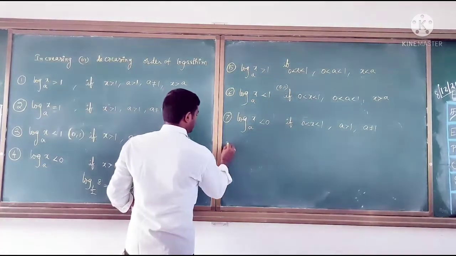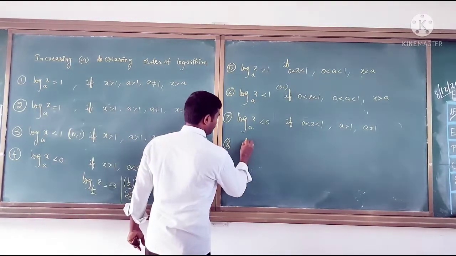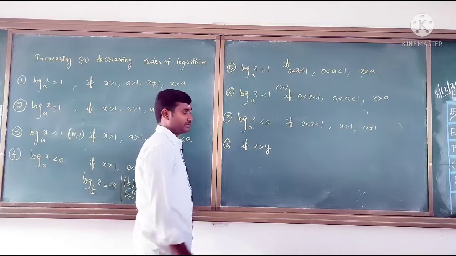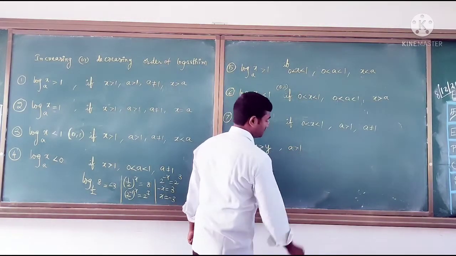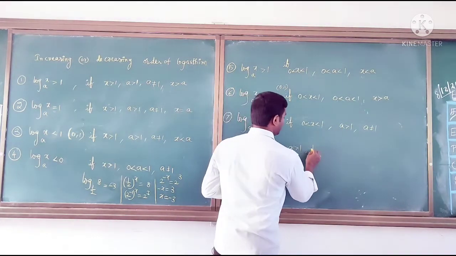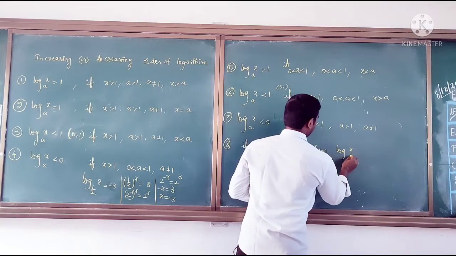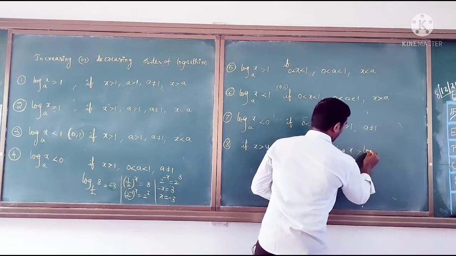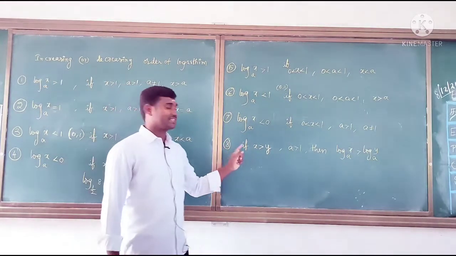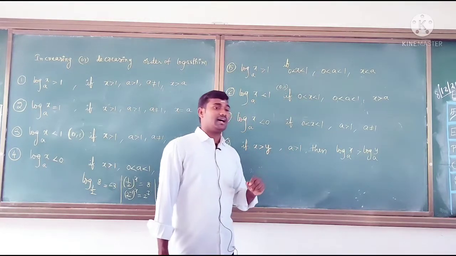Okay, eighth property: if x is greater than y and a is greater than 1, where x and y are 2 numbers, then we can write log x to the base a is greater than log y to the base a. If x is greater than y and a is greater than 1, then log x to the base a is greater than log y to the base a.